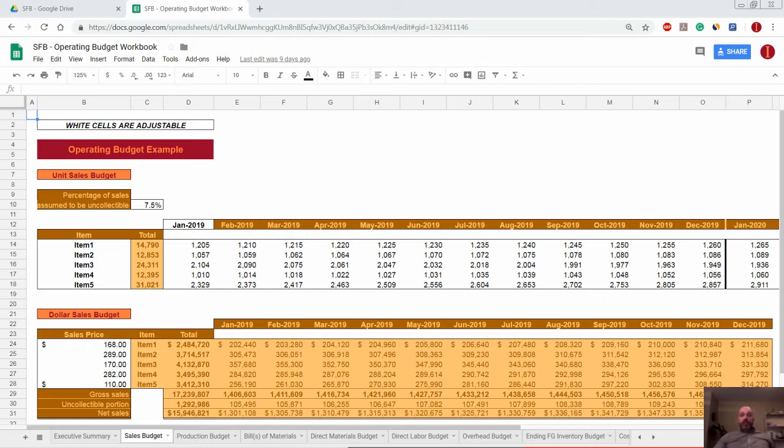This particular operating budget is for a hypothetical manufacturing business. There are obviously other types of business, other types of industries. Manufacturing kind of requires the most depth in terms of all the different sub-budgets: production budget, direct materials, labor, overhead, inventory, and so on and so forth.